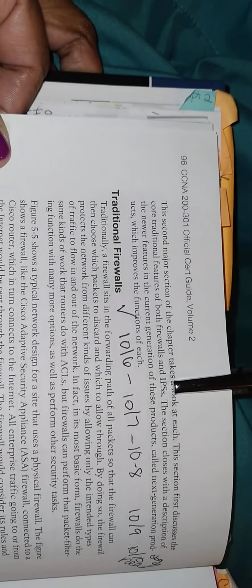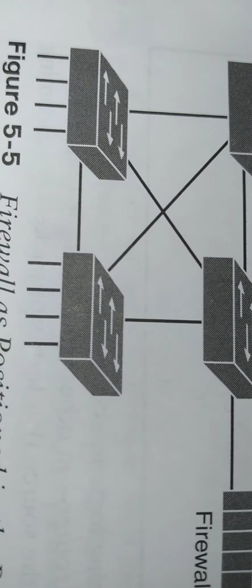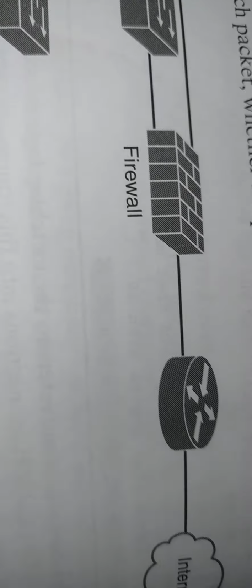Figure 5.5, as you can see, shows a typical network design for a site that uses a physical firewall.